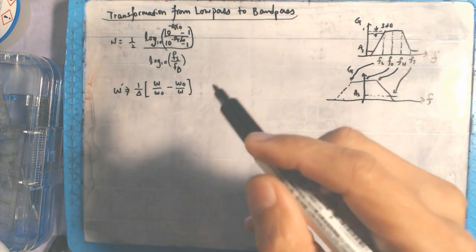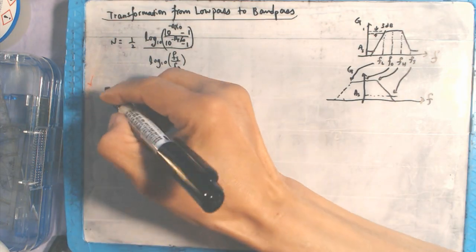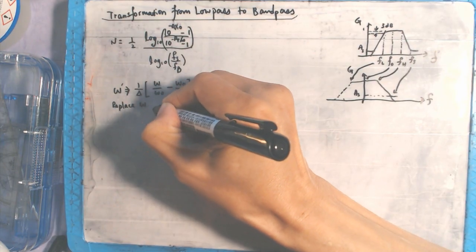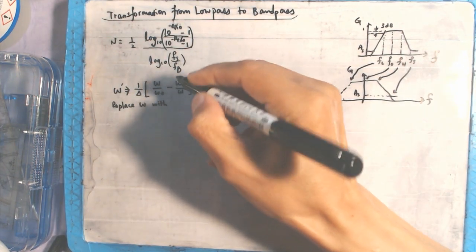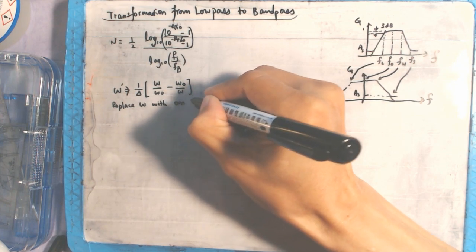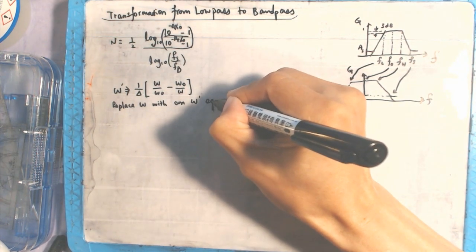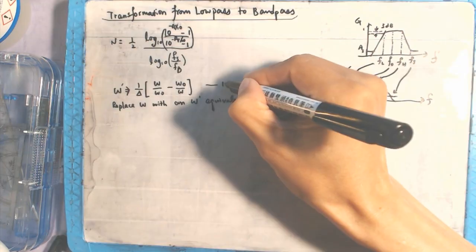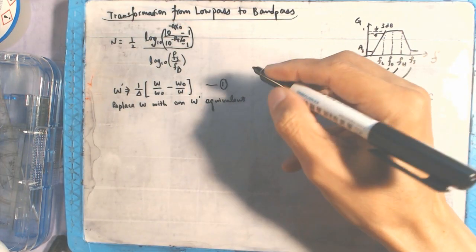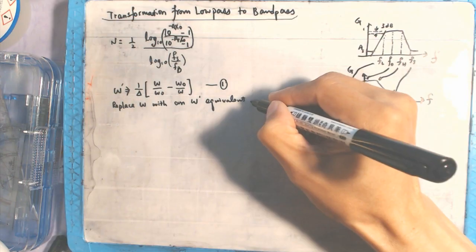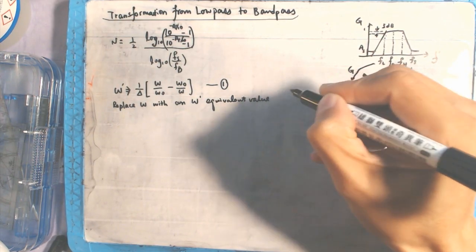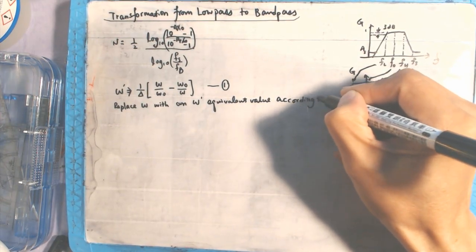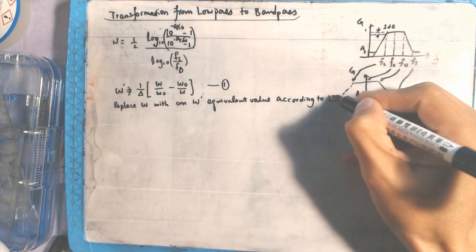So you use this way. You just replace omega with an omega prime equivalent according to this formula. So this is what you need to do.